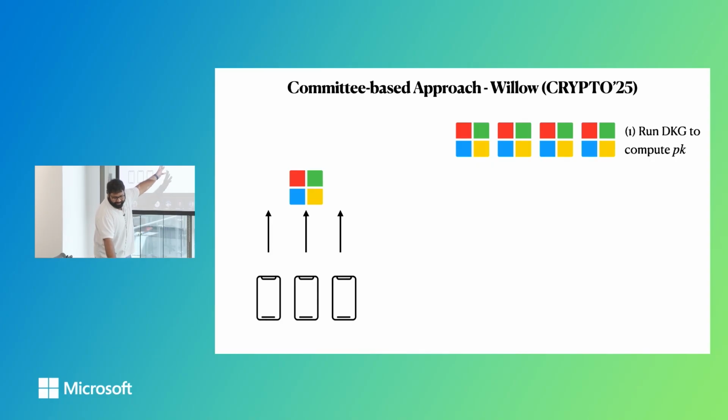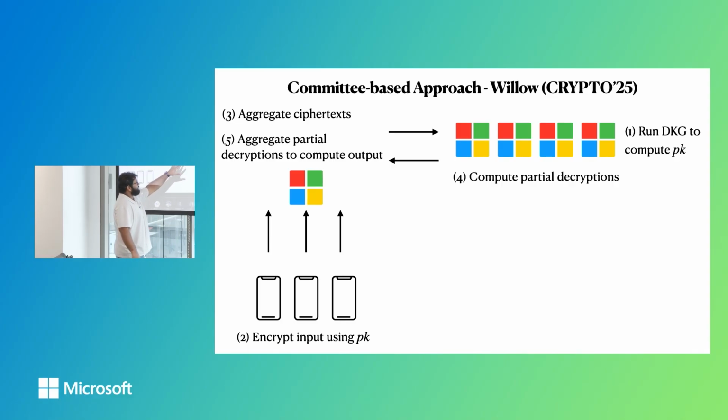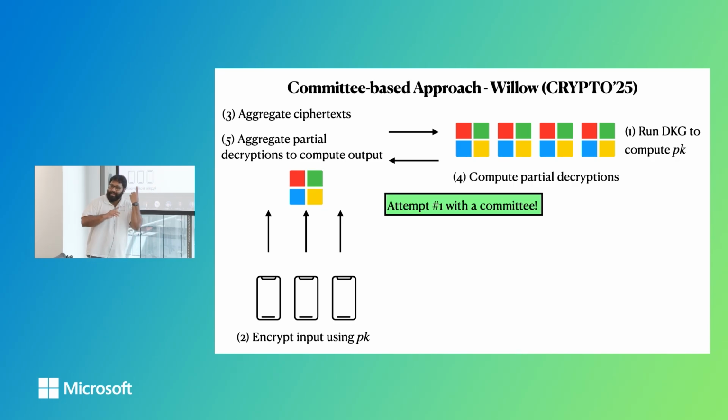If I have a committee that generates a public key, this idea is exactly like what we saw in attempt one. The clients now encrypt using that public key. The server aggregates the ciphertexts and sends them to the committee. The committee computes partial decryptions, and then you aggregate the partial decryptions to get the final output. So this is really attempt one, except that now instead of talking back with the clients, you're doing it with a committee that has run a DKG to compute a public key.